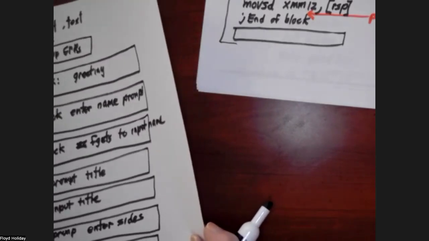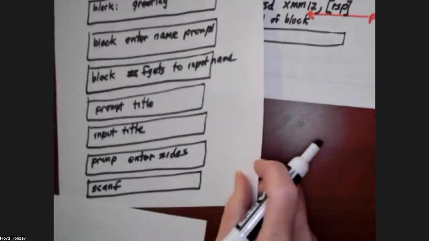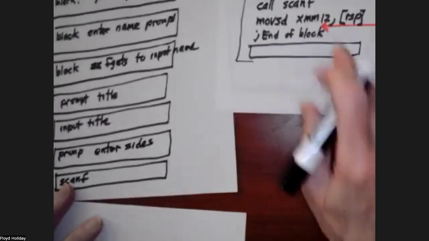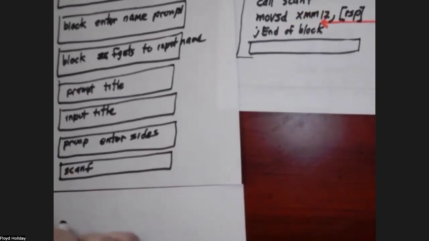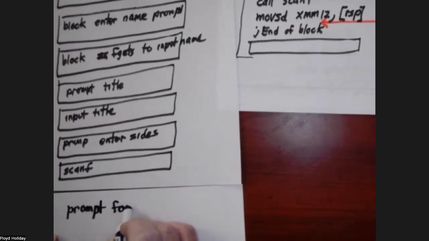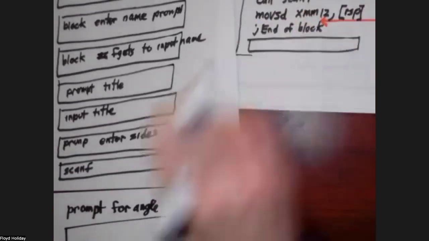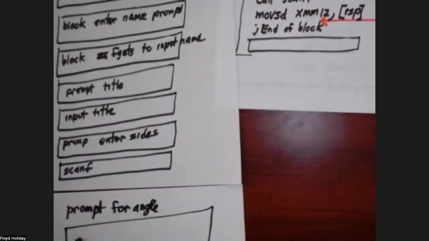And then we're almost down to your question, where's this thing going to appear? It's coming soon. Somewhere here there's a prompt for angle. And then finally, here's this block put in here. Input the angle.